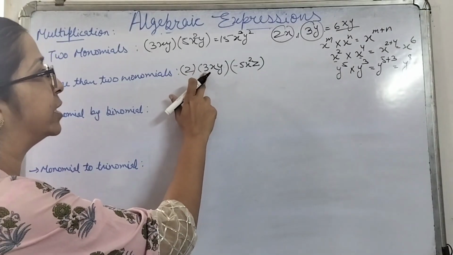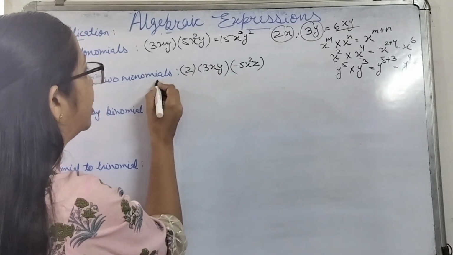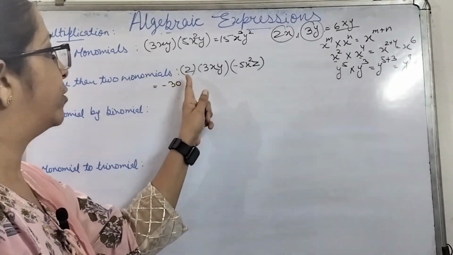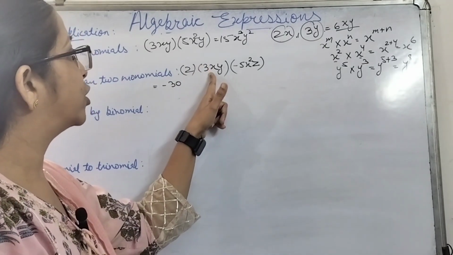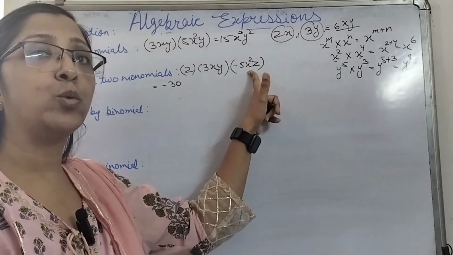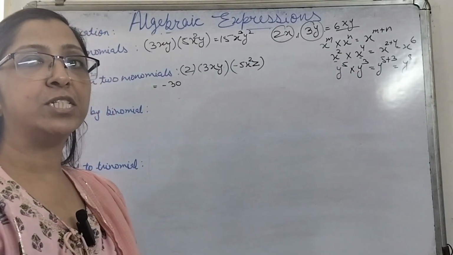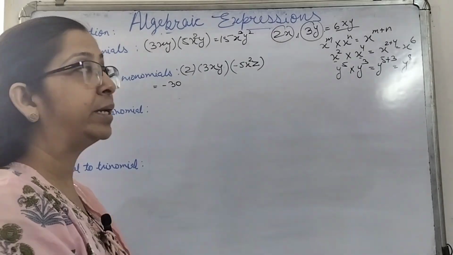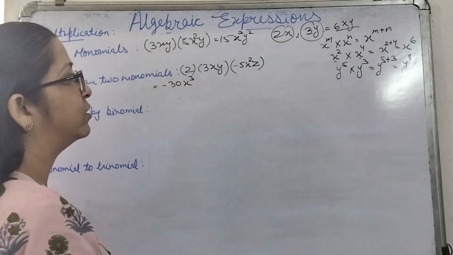So 2 multiplied by 3 will be 6, and 6 multiplied by minus 5 will be minus 30. Then we take the literal coefficients. Over here there is no literal coefficient. Here it is x, here it is x square. So x multiplied by x square, again applying the laws of exponents, x raised to the power 1 multiplied by x raised to the power 2 will be x raised to the power 1 plus 2, that is x raised to the power 3.